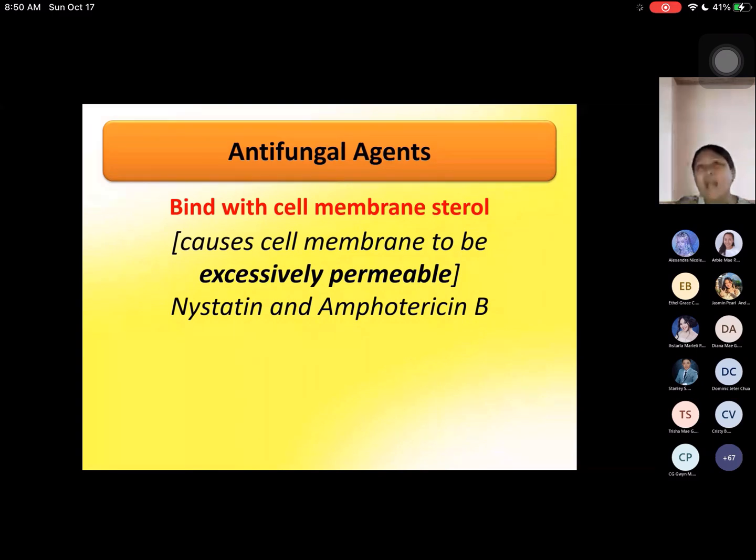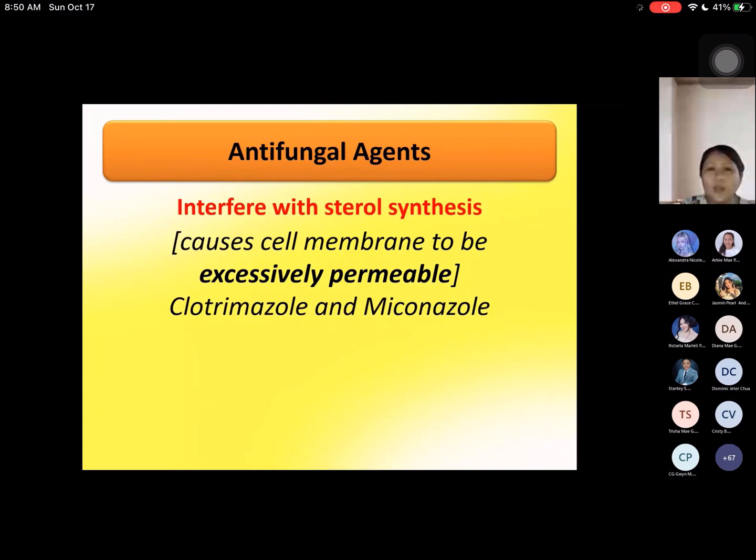Another antifungal agent is clotrimazole or miconazole. So usually we have creams for this, yung antifungal. If you have mga ganun, di ba? They usually use antifungal cream, okay? Like yung mga may azole, ketoconazole, okay?